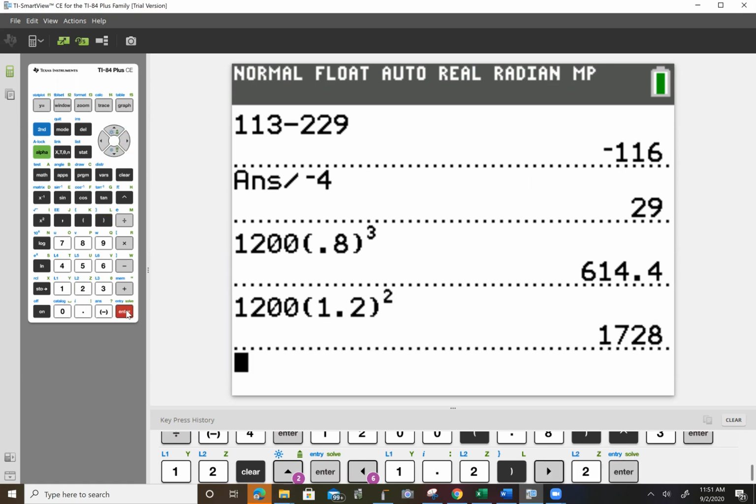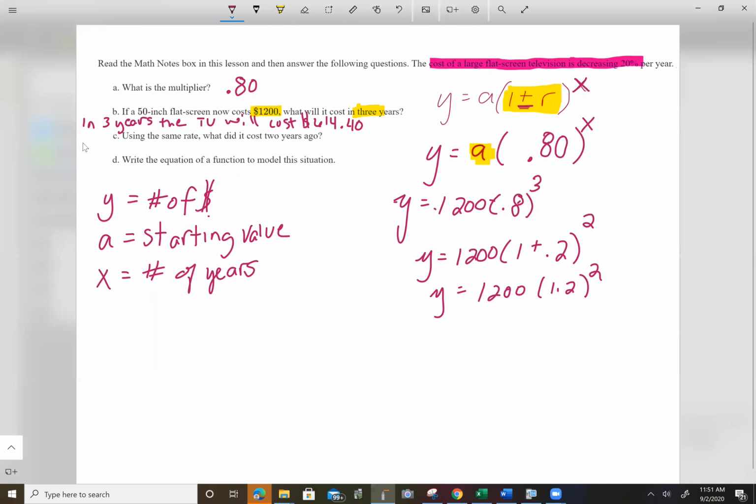So 2 years ago, it would have been $1,728. $1,728.